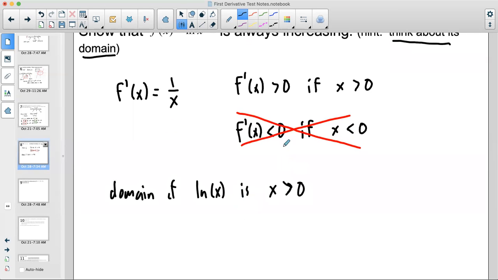So I can ignore this part. The x's that I plug in here have to be positive, which means f prime is always positive. F prime of x is greater than 0 for all x in the domain of f.